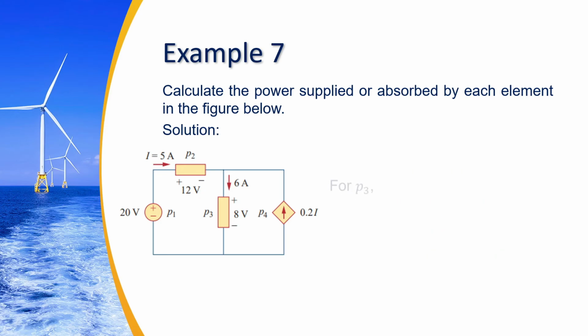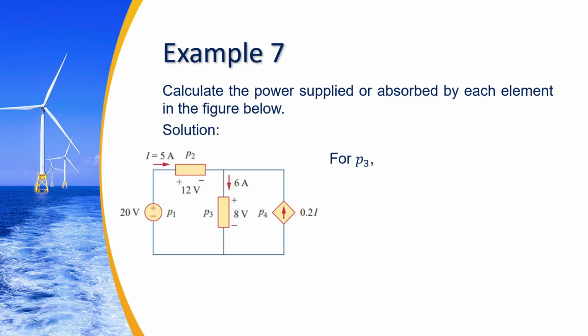Next, para kay P3. Si P3, meron tayong voltage na 8 volts. Pero, iba na yung current na nag-supply sa kanya. Ang current na nag-supply sa kanya is 6 amp na. Okay? So, question is, ano kaya yung sign convention o magiging sign ng 6 amp natin? Negative ba siya o positive?